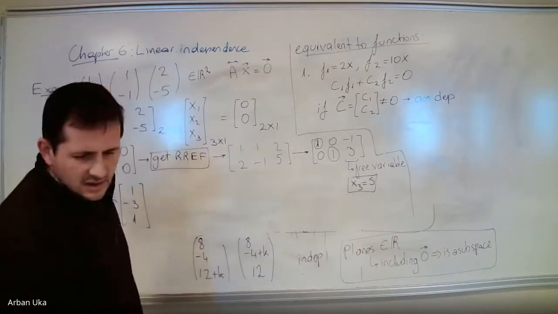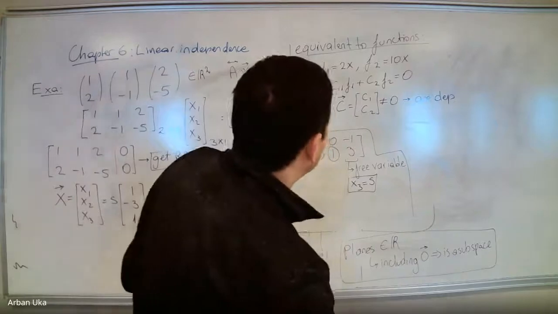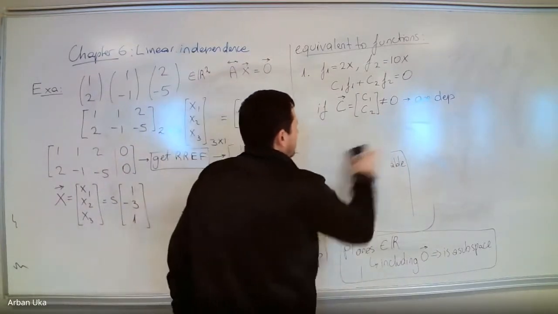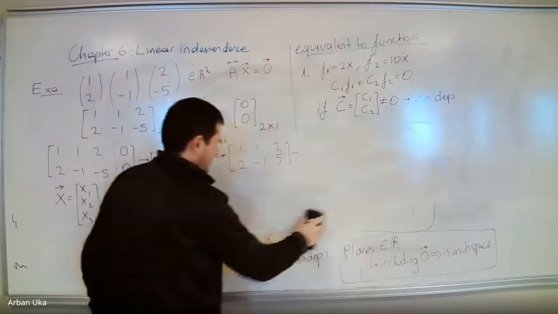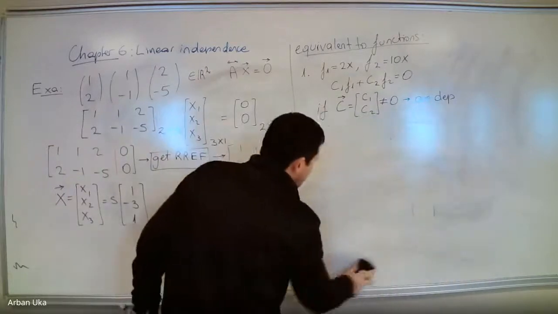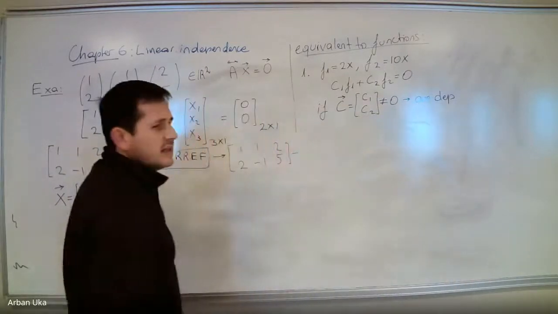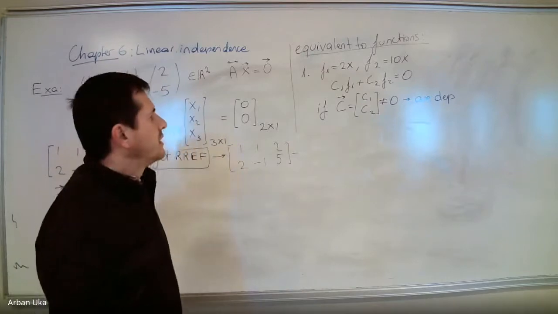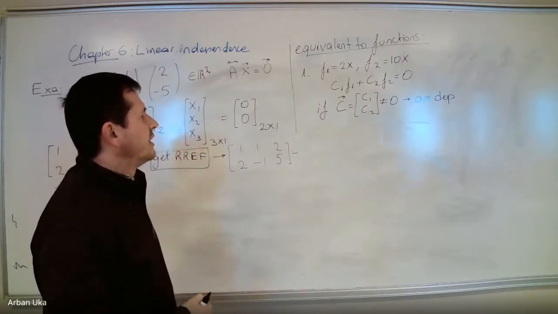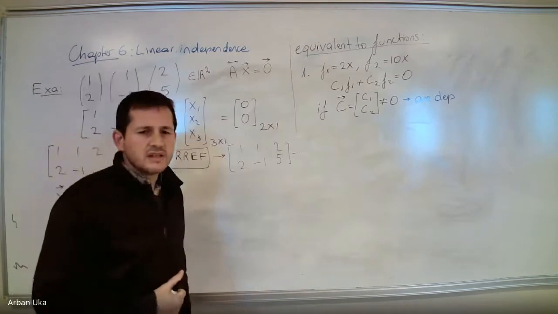What do you think in this case? Are these two functions dependent or independent? Dependent. They are dependent, that's true. They are dependent because we can linearly combine them, which means we just multiply them with scalars, and if we combine them, we can easily get a 0.